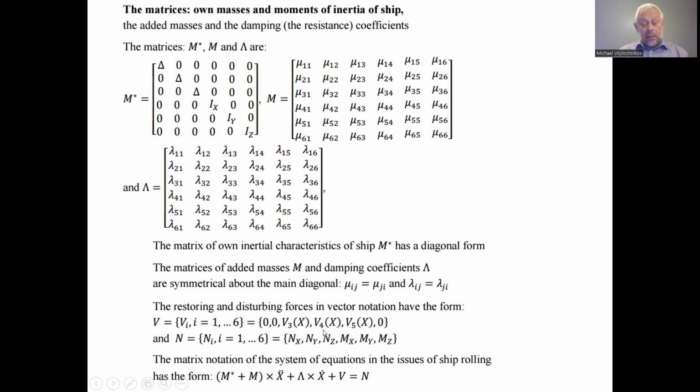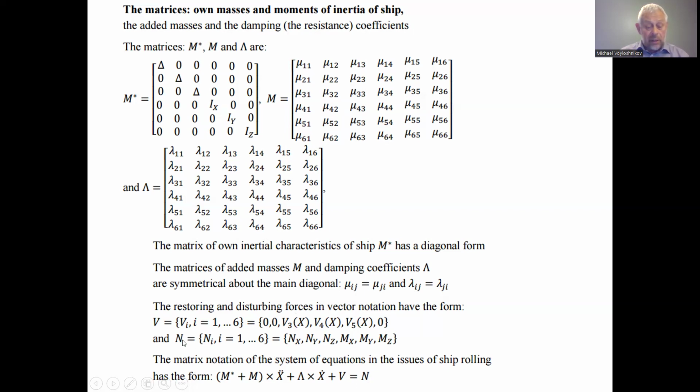The first is vertical rocking, the second is trimming of the ship, pitching, and next is rolling. V5 is restoring forces for ship pitching, V4 is restoring forces for ship rolling, and V3 is restoring forces for ship vertical rocking.